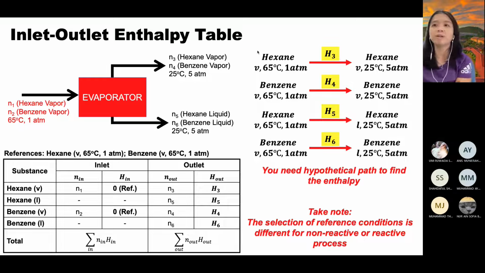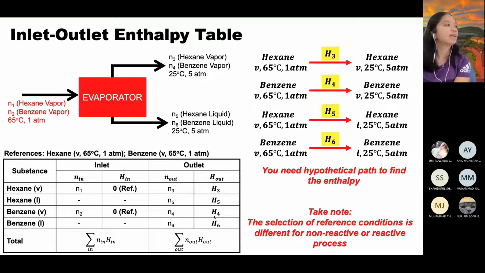So you can see from this example, the top one, hexane vapor at 65 Celsius and 1 atm is my reference condition, going to the condition at the top, H3, my hexane outlet top product, hexane vapor at 25 Celsius and 5 atm.